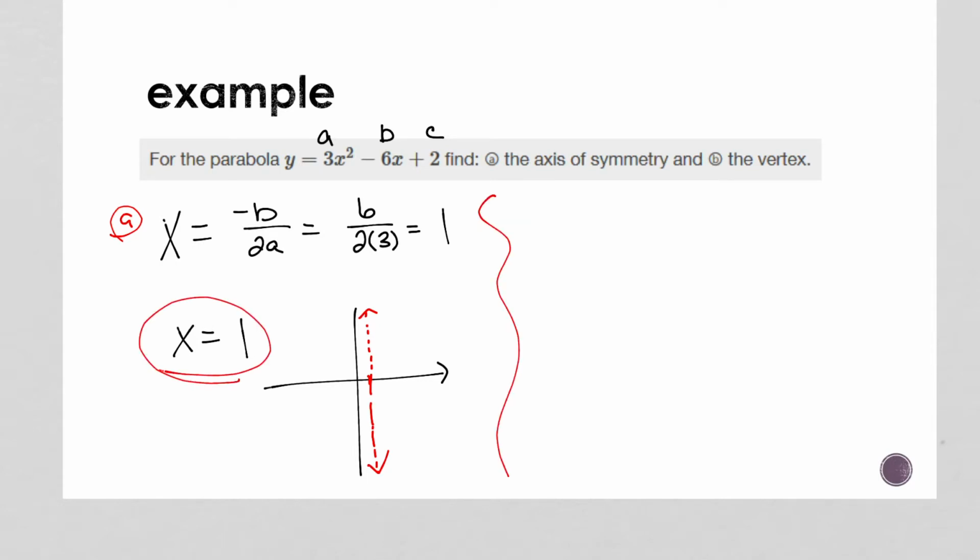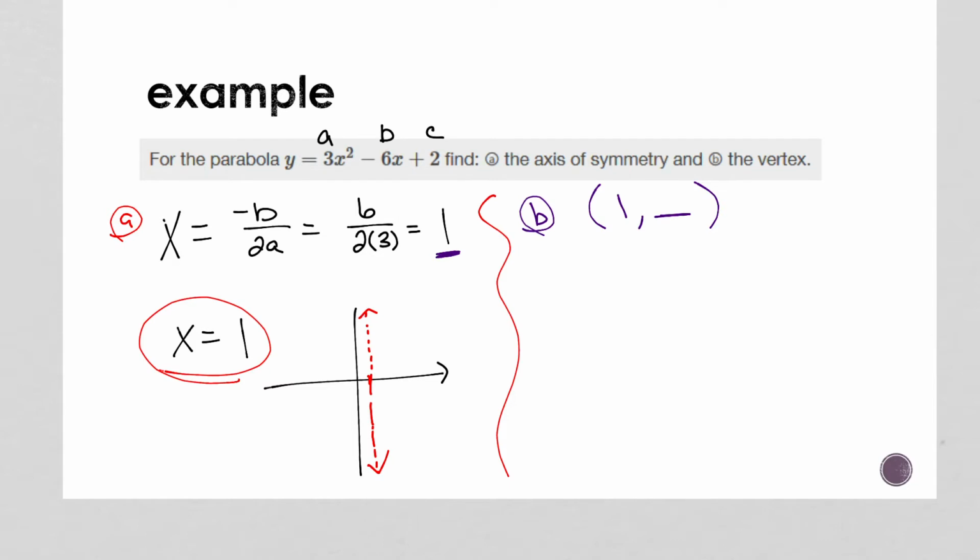All right, on B, we are looking for the vertex. We already found the x-coordinate of the vertex. It's 1. Whenever you find your axis of symmetry, you have found the x-coordinate of your vertex. Your y-coordinate is what you get when you substitute in 1 for x.